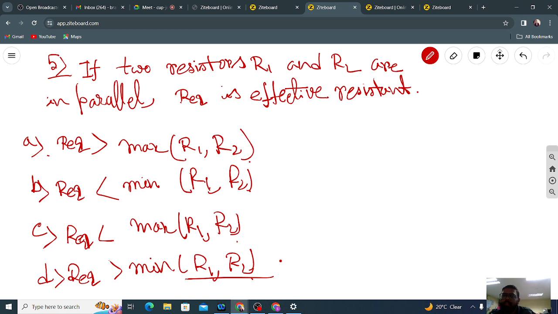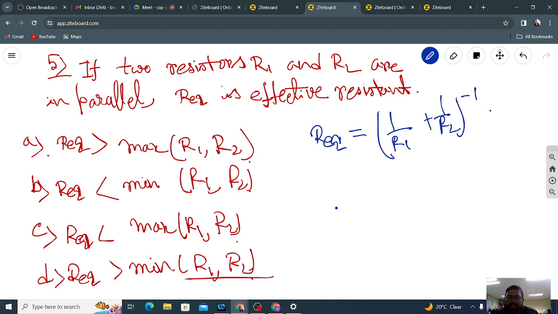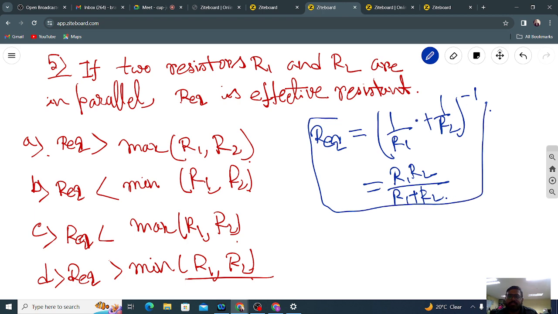Okay, so what is the effective resistance if the electric resistance is reciprocal, 1 by R1 plus 1 by R2, and whole inverse? So that is R1 R2 by R1 plus R2, right?